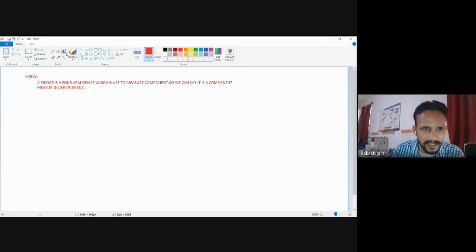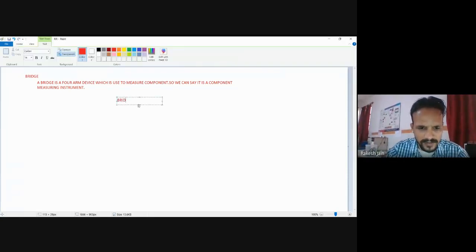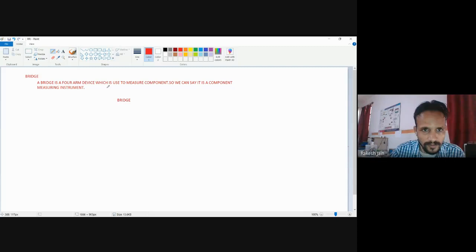Actually, bridges can be categorized into two different categories. One is the AC bridge and the second one is the DC bridge.